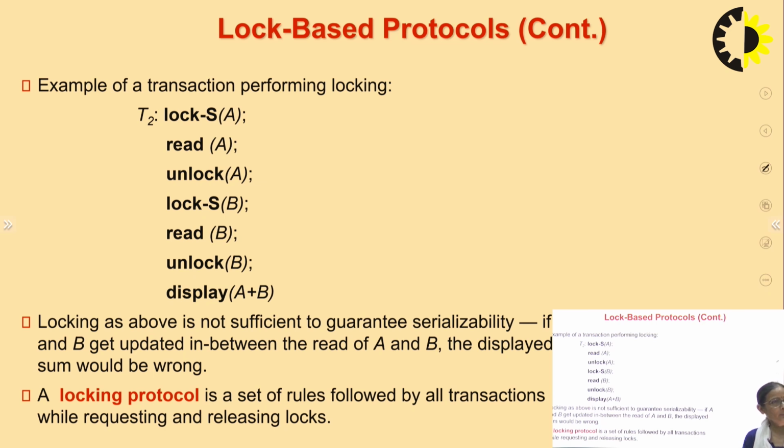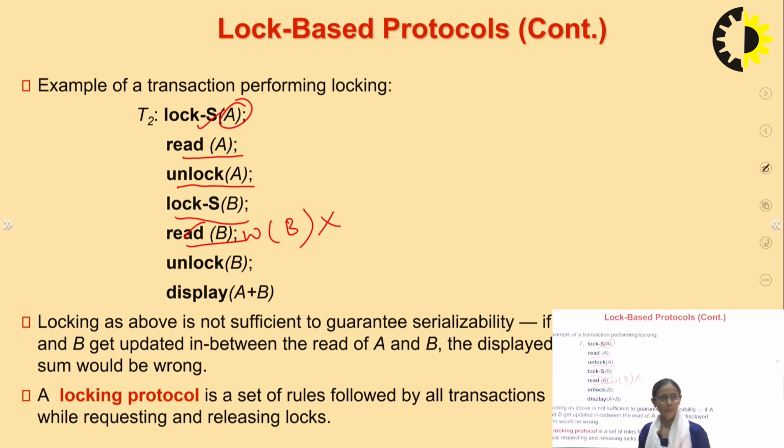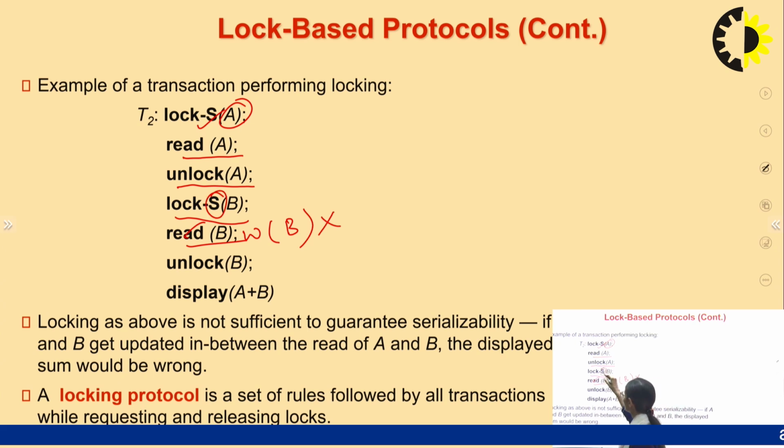So this is a simple example where we are seeing how the locking and unlocking is being done. Here we have first requested the shared mode on data item A, then we perform the reading operation, then we have unlocked it. Similarly, we are locking it in shared mode, and only the read operation is permissible. Now here if you want to write on B, then this won't happen unless this lock is an exclusive mode lock.